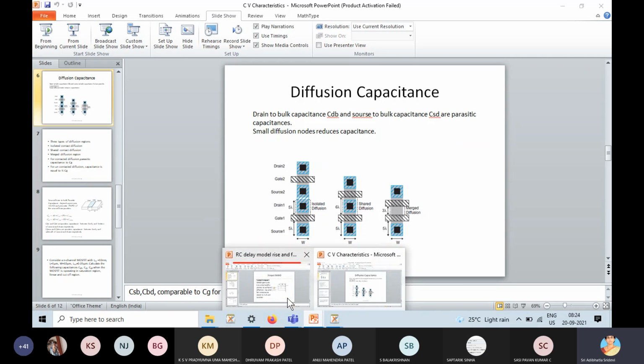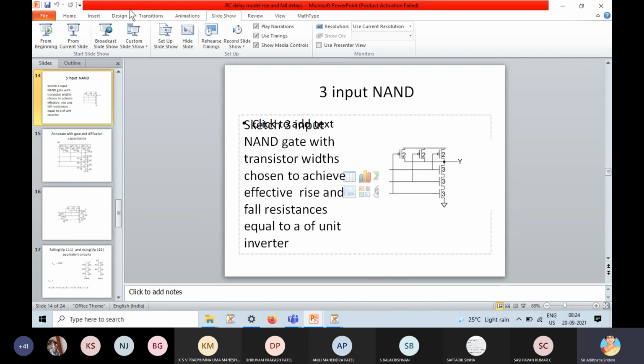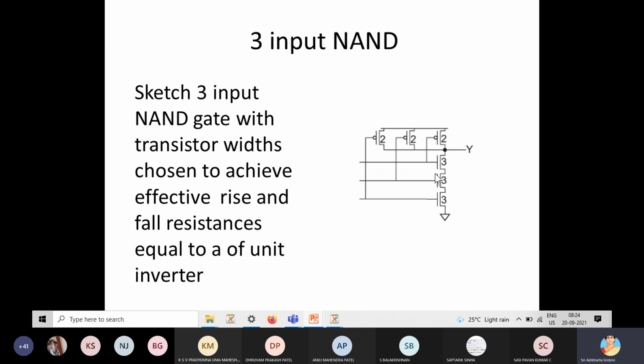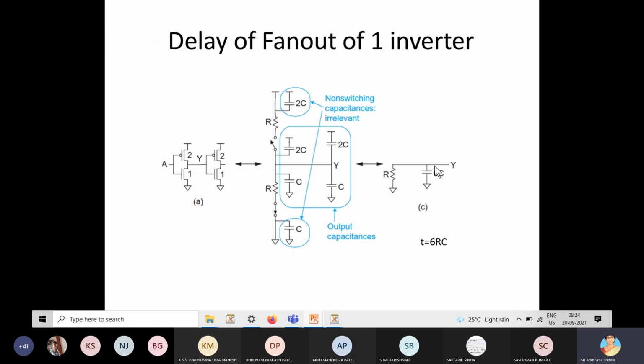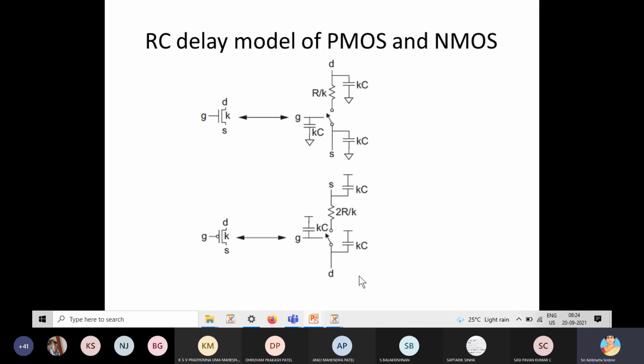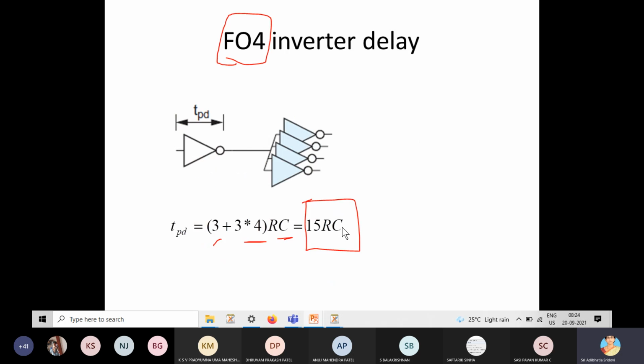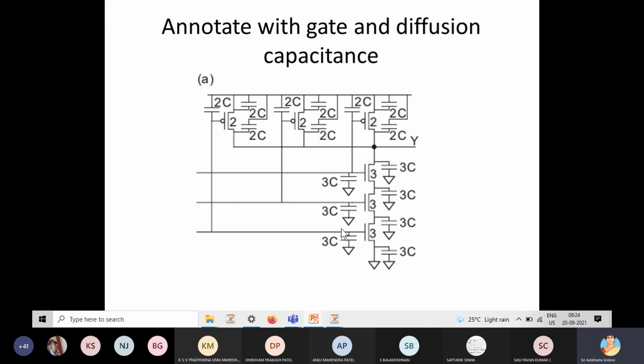Generally, if you go to the equivalent circuit, we have drain capacitance separately and source capacitance separately. When we have a series connection of NMOSFETs, this source capacitance and drain capacitance should be there, because source and drain are joining here.